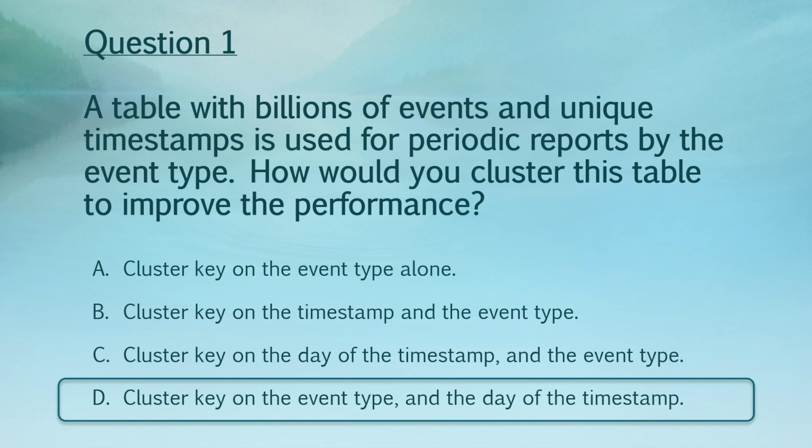But in this case, because they say we need periodic reports, definitely finding a certain granularity here, and this is by the day of the timestamp, will help definitely to improve the performance. So once again, this is a proper clustering. Yeah, you'll have to choose clustering keys by event type first, and then try to cluster by the day of the timestamp. You use a formula here.